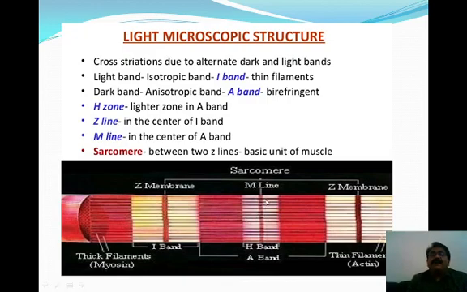In the darker band there are lighter regions, which are the H bands.